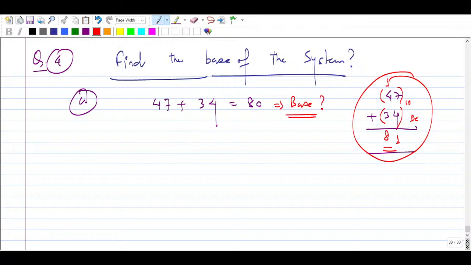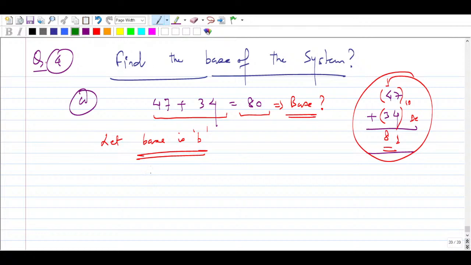So what we can do here is, let's consider, let b be the base. Your base is b here. What we can do is convert both LHS and RHS into decimal, considering the base b.